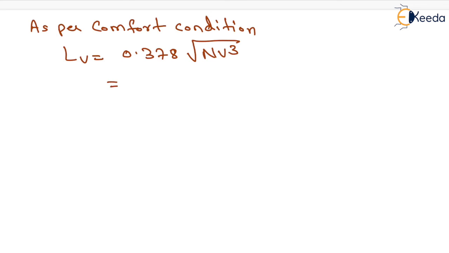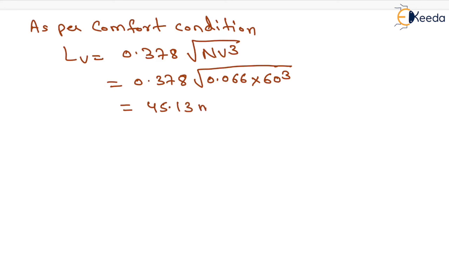Now the value of N is already calculated, which is 0.066, and the value of V is given as 60, whole cube. On solving this we will get 60 cube into 0.066, under root of answer, into 0.378. It will be equal to 45.13 meter. That will be the length of valley curve as per the comfort condition.